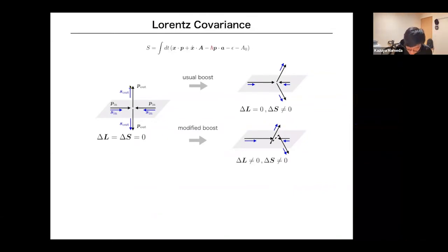So the correct situation is like this. First we collide two particles, and the incoming particles are the same as above.